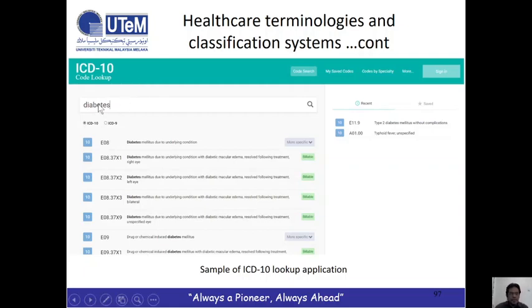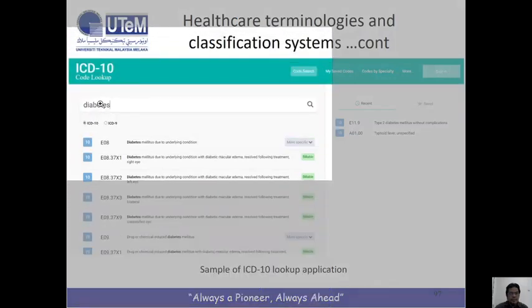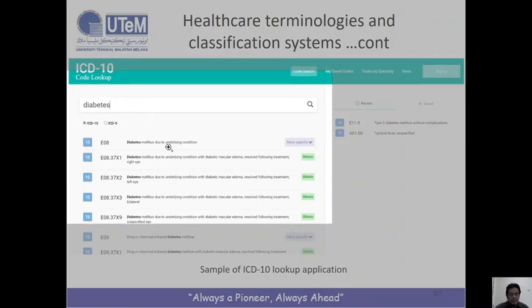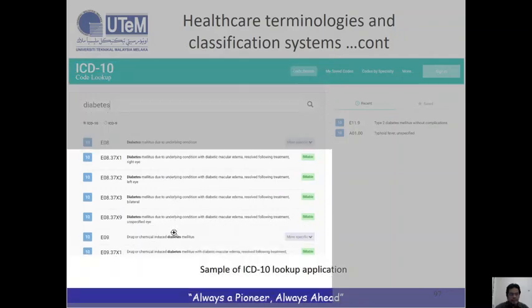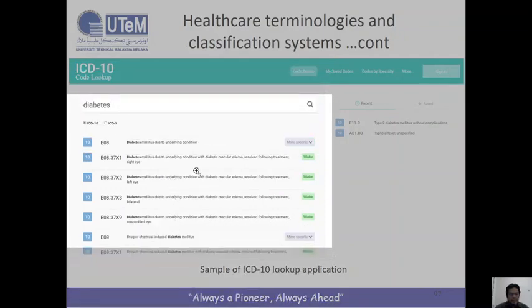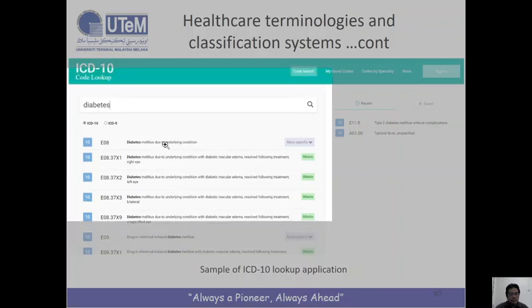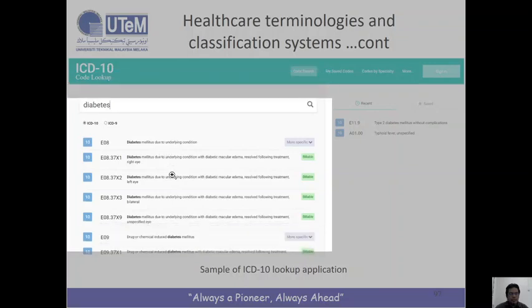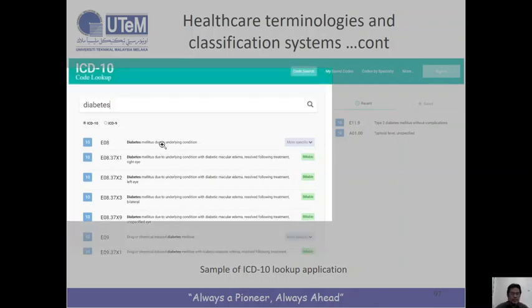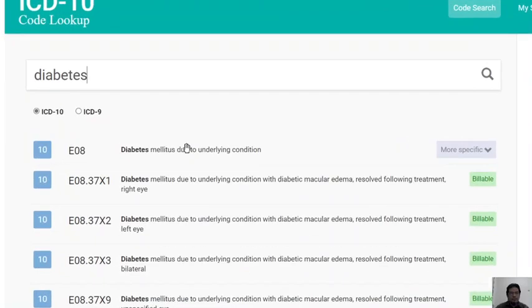When you type diabetes, or the doctor types diabetes, a lot of diabetes types will be shown, and the doctor will choose which one is relevant to the patient's problem. Yeah, so they will select, and then it will go into the EMR record and be stored in the database.